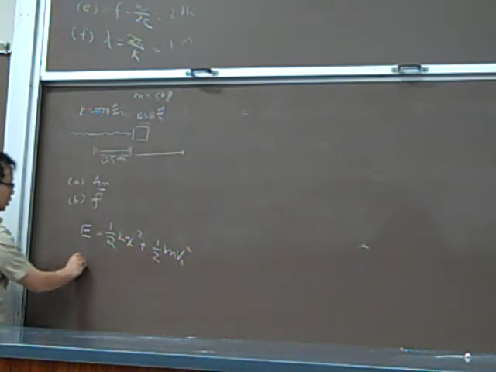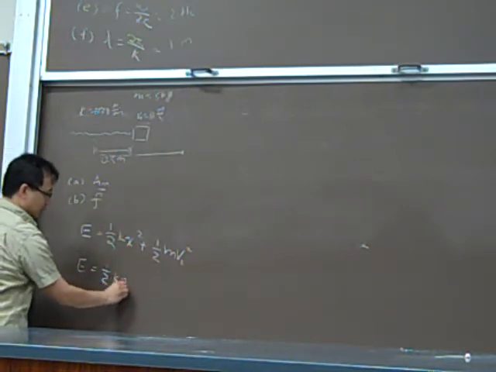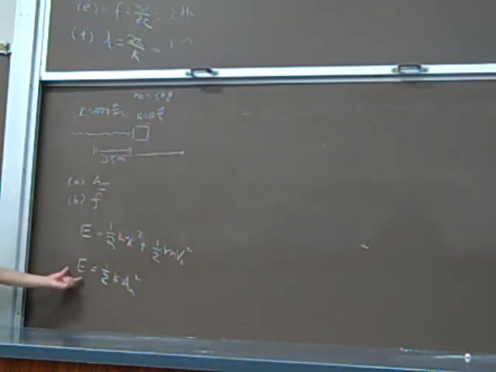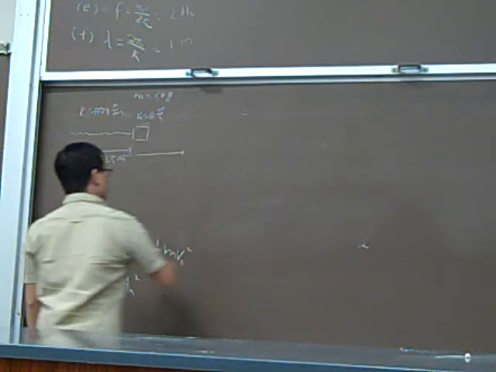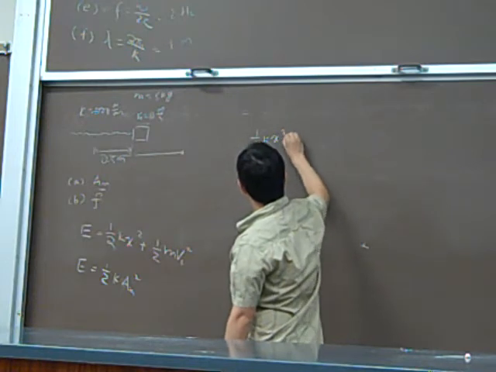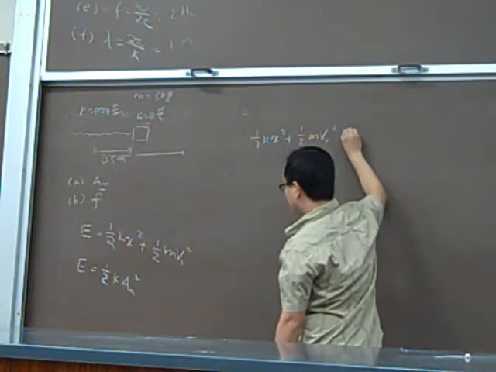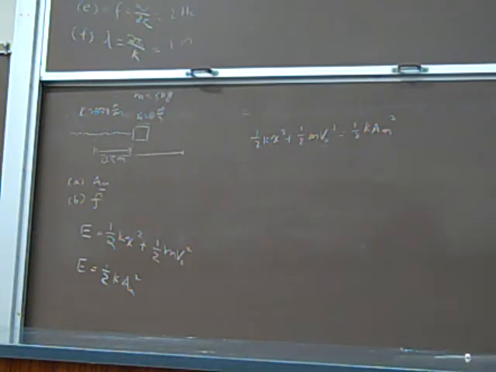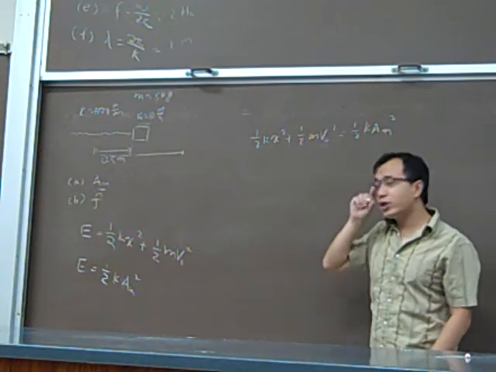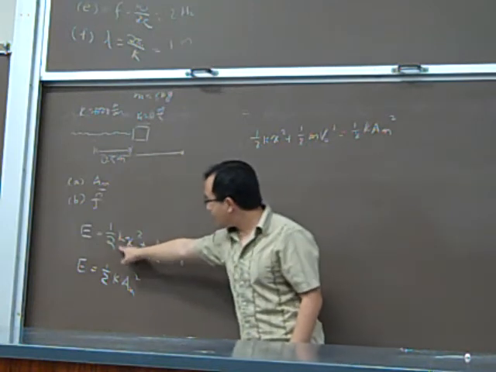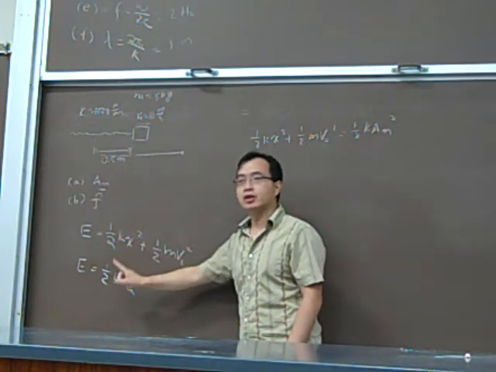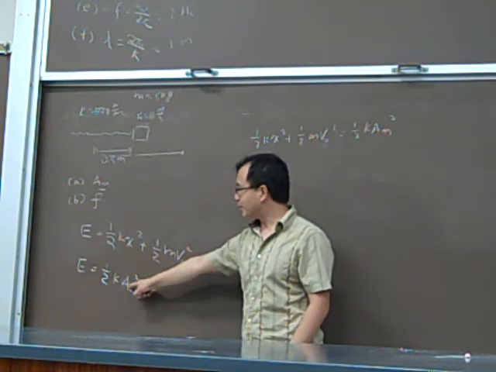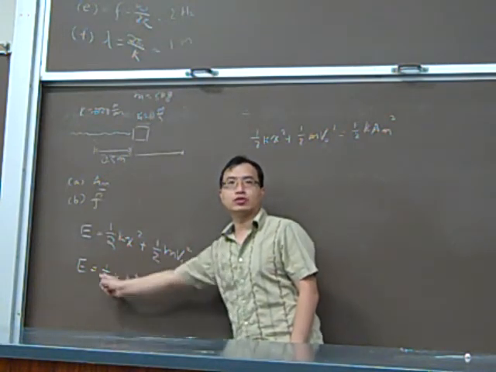E equals 1/2 k A_m squared. So if you equate the two, I write down the equation by calculating the mechanical energy here and relating it to the amplitude by the definition of the mechanical energy for the oscillation.